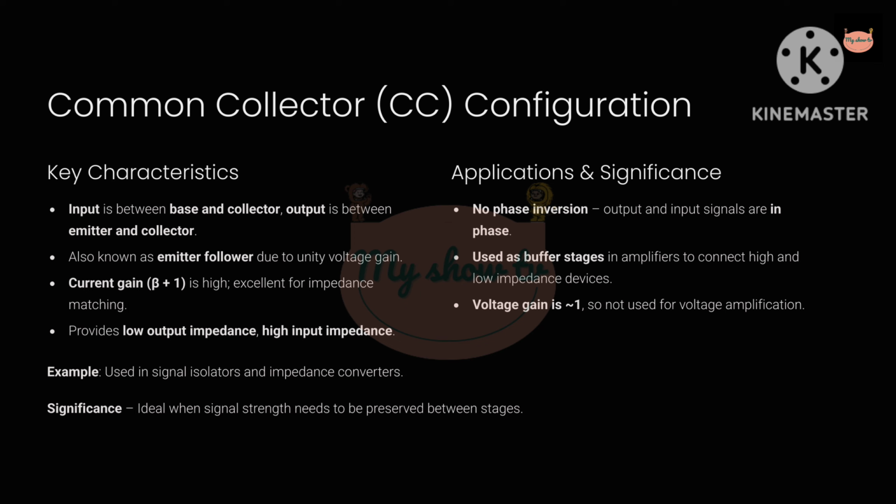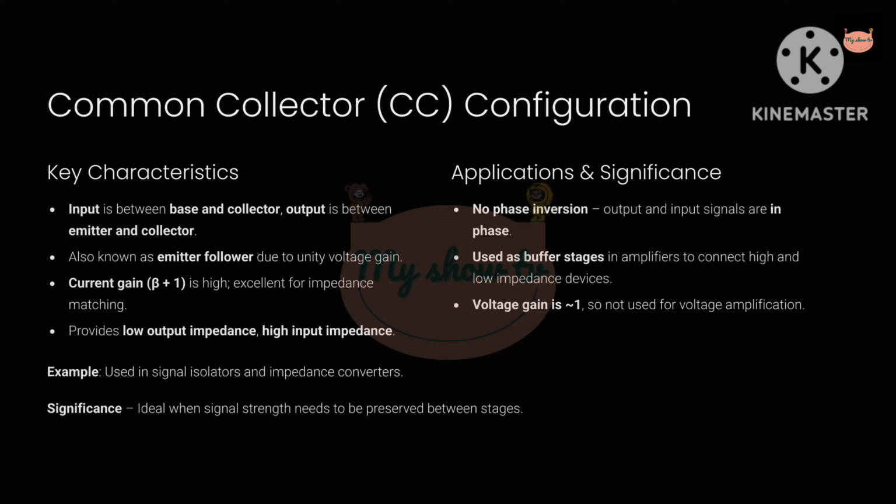The CC configuration has very high current gain, roughly equal to beta plus 1, which means it's good at increasing current. Voltage gain is nearly 1, so it doesn't amplify voltage much. The key advantage of CC is in impedance matching.